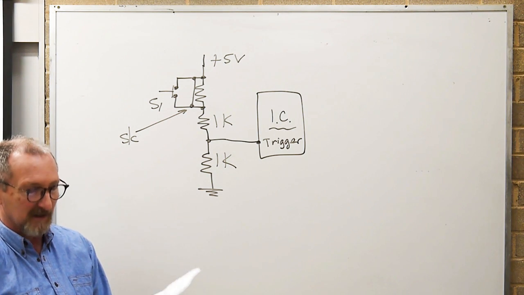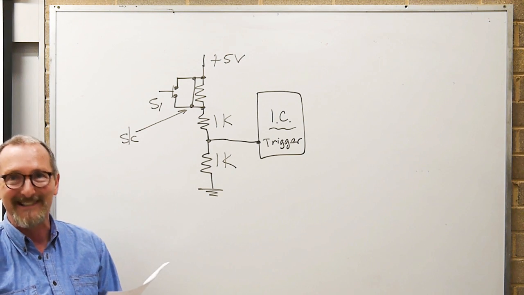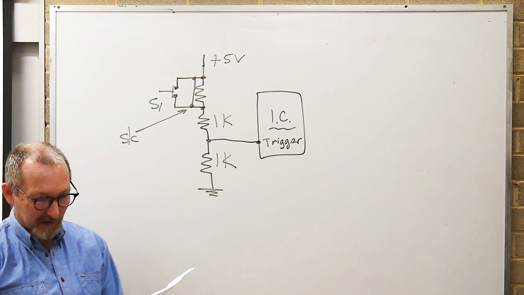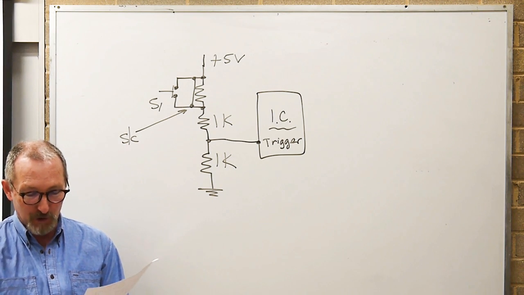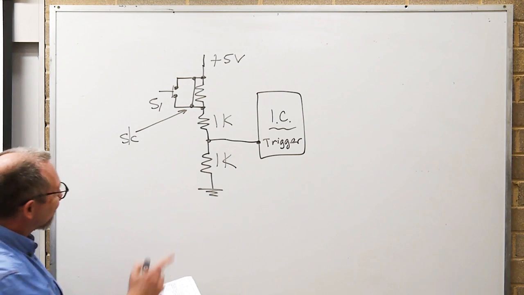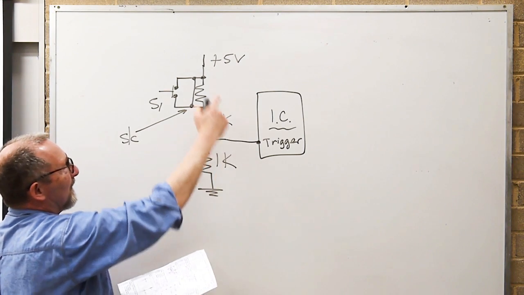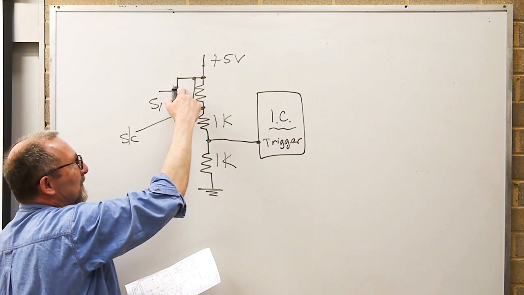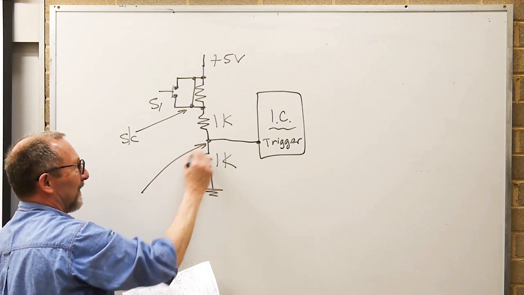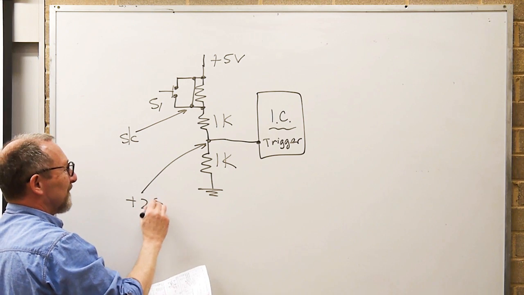I looked at this and I said, gee, this is a gift of a question. With the push button switch depressed, the voltage at pin trigger on the integrated circuit will be 1K, 1K, 5 volt, 2.5 volts.